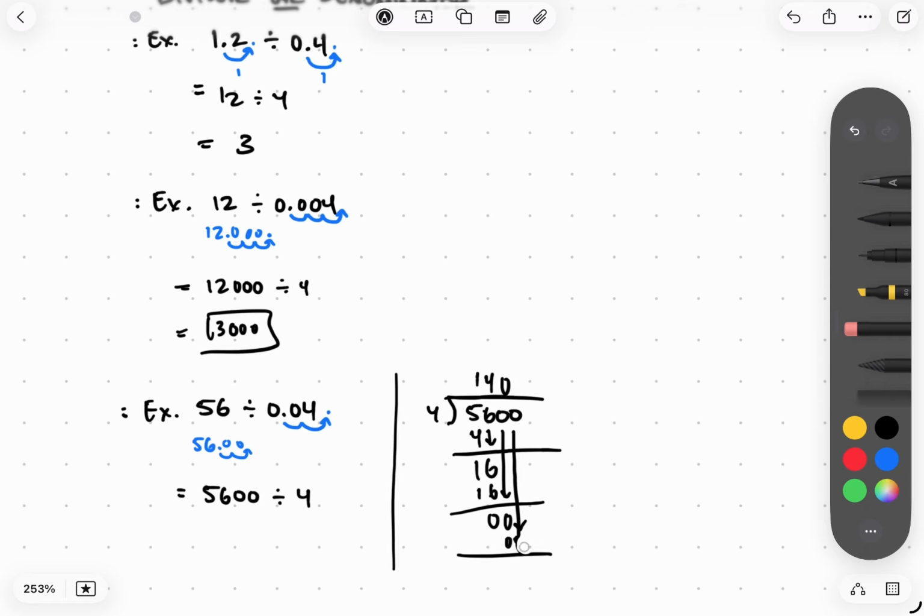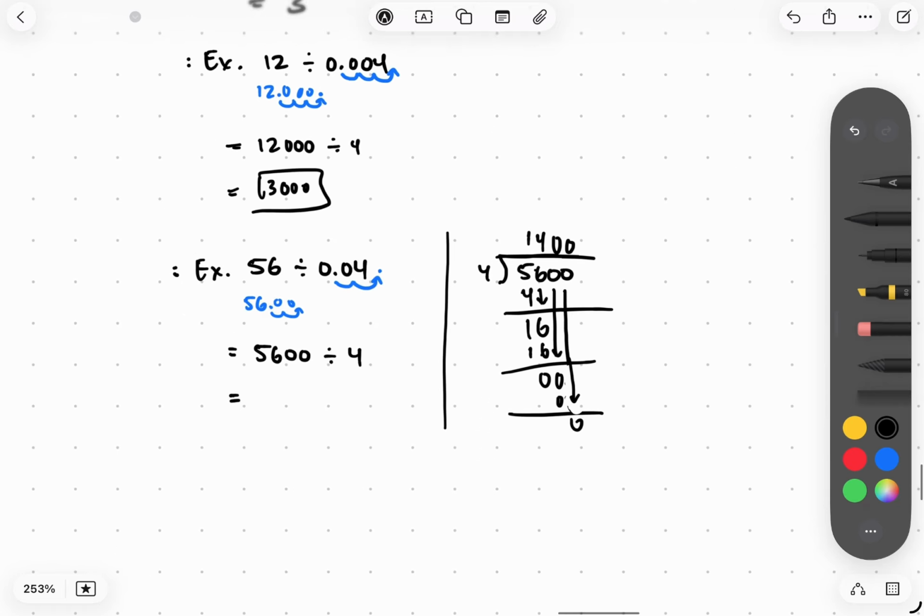Oops, one too many there. Yeah, well, you get the point. And you have 0. So the answer here is going to be 1,400. And it is okay to have decimal places in the numerator.